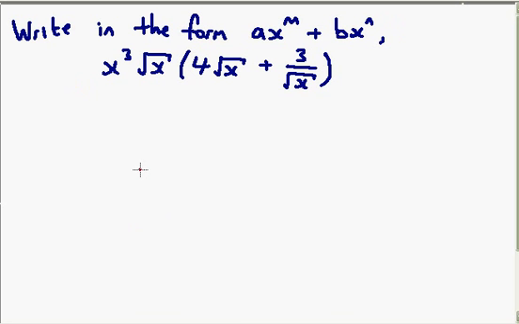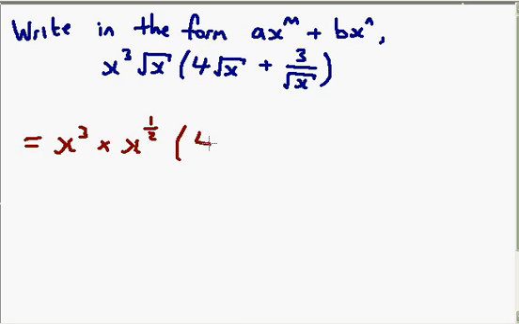Okay, in this last example, we've got x cubed times the square root of x times, in brackets, 4 root x plus 3 over root x. Okay, and we need to write that in the form a x to the m plus b x to the n. Okay, so how I would write this is I'll leave the x cubed alone, but any time I see a root x, I'm going to write instead x to the half.